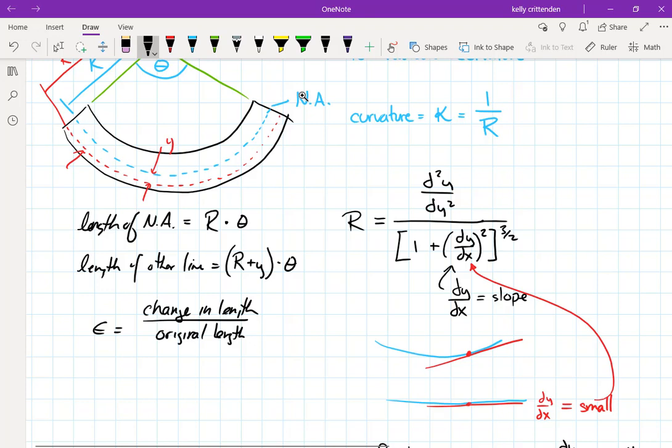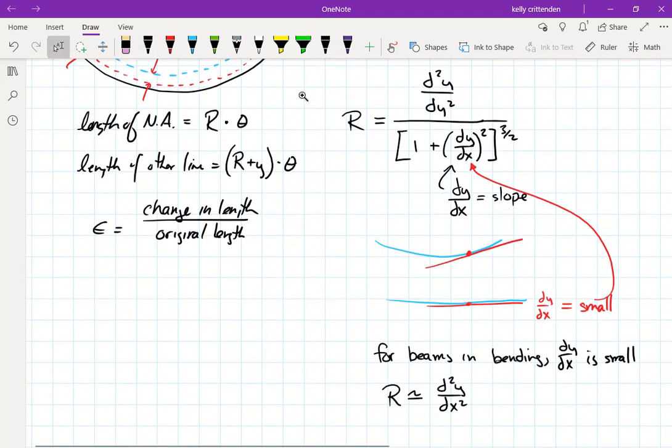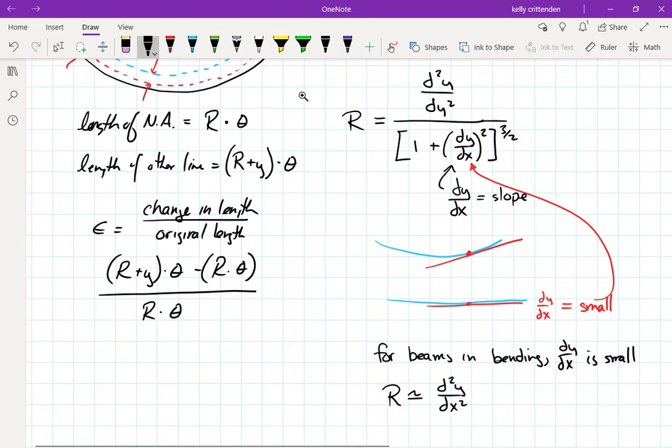And then I deformed it and made it into this curve, and now it's got a new length. So the change in length would be the length of the other line, which I've got as radius of curvature plus y times theta, that's its arc length, minus the original length it was, which was just radius of curvature times theta, the length of the neutral axis, divided by the original length, which would just be r theta.